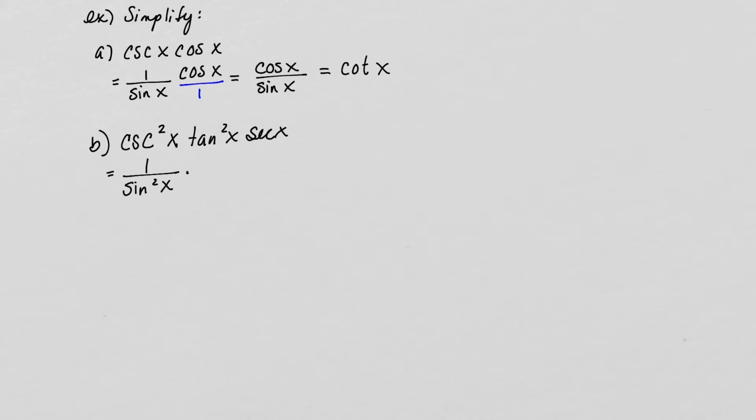The tangent squared x is the sine squared x over the cosine squared x. And the secant is the same as 1 over cosine x. Oops, not cosine squared, just cosine, because we don't have a square there.